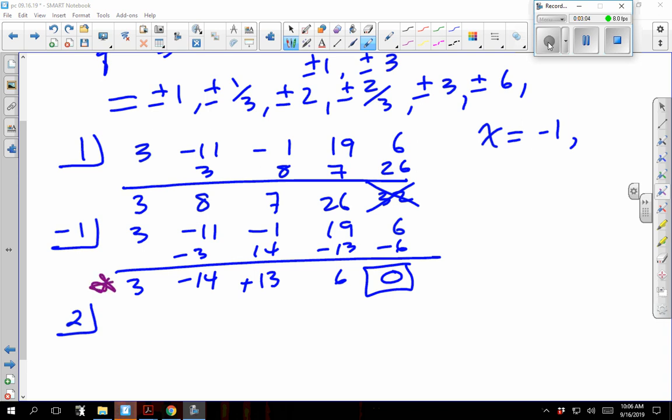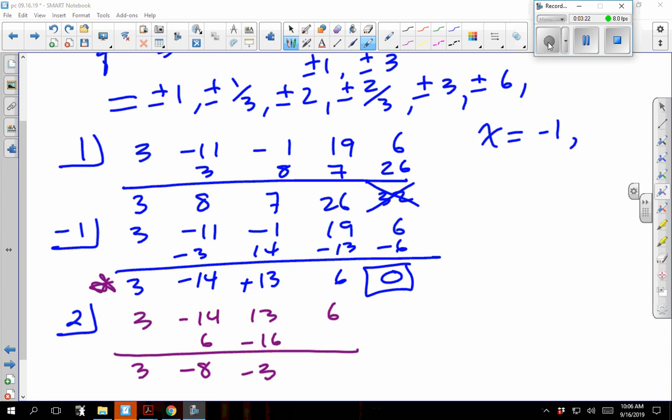This is 3, negative 14, 13, 6. So now when I'm doing that, I bring down the 3, that's a 6. Add negative 8, negative 16, negative 3, negative 6, 0.